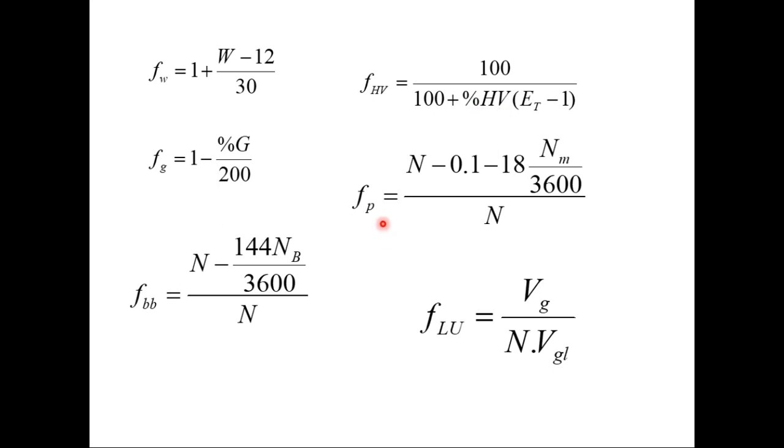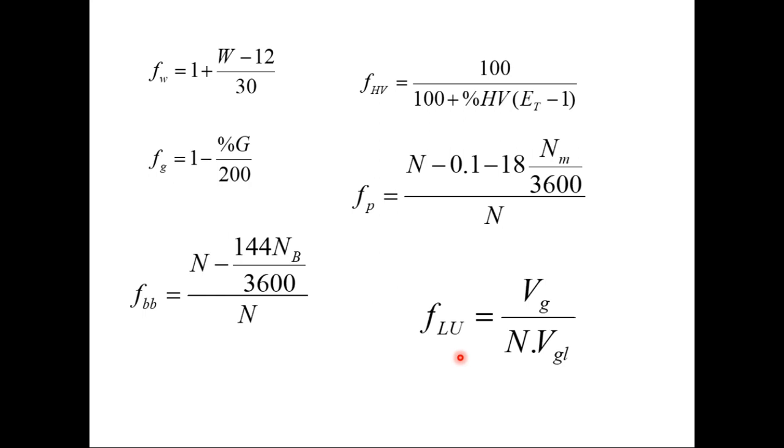For parking, adjustment factor for parking is given by this equation, where N is the number of lanes in the lane group and NM is the number of parking maneuvers per hour. Adjustment for local buses is given by this equation. Here NB is the number of buses stopping per hour.